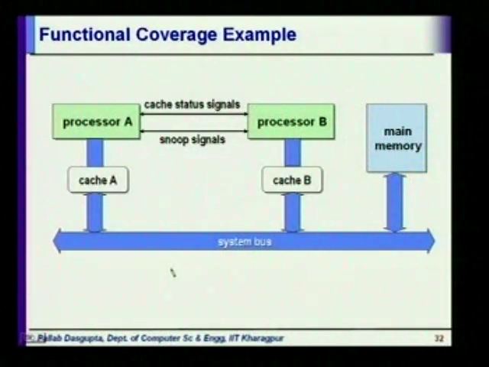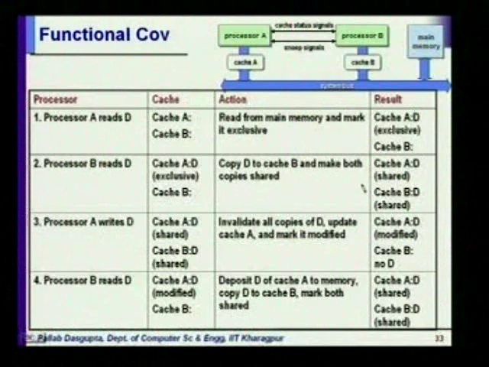Okay. We are going to look at one simple example for functional coverage analysis, and we are going to close this chapter with that. So suppose we have two processors, processor A and processor B, which are communicating through a system bus, and they have their own individual caches. So cache of processor A and cache of processor B. Now, this table shows an example of the kind of functional coverage tests that you typically want to develop.